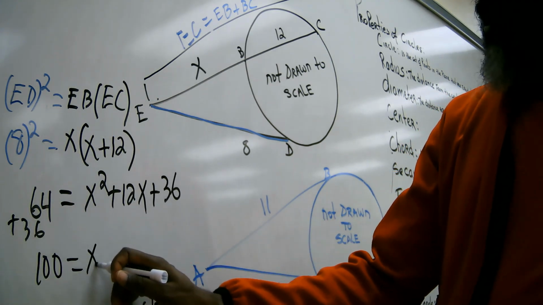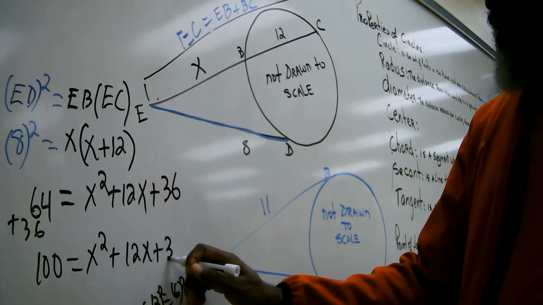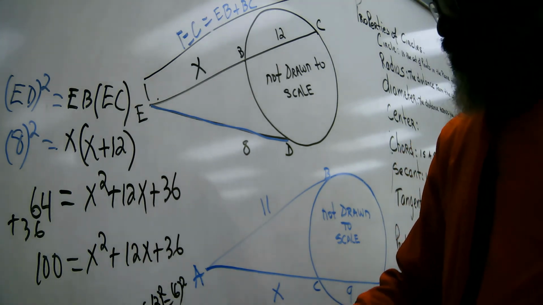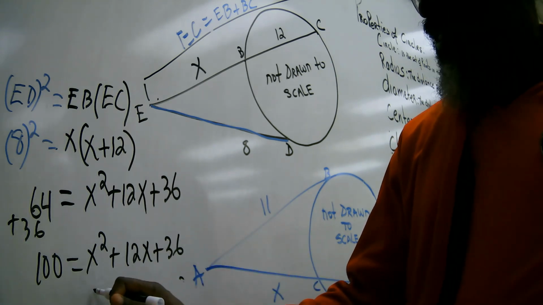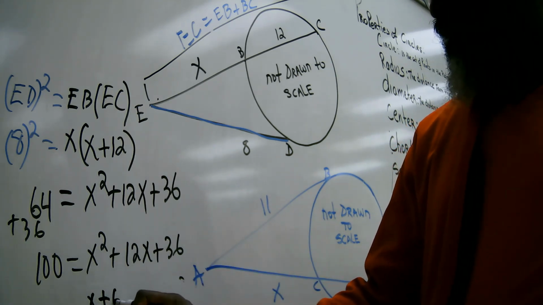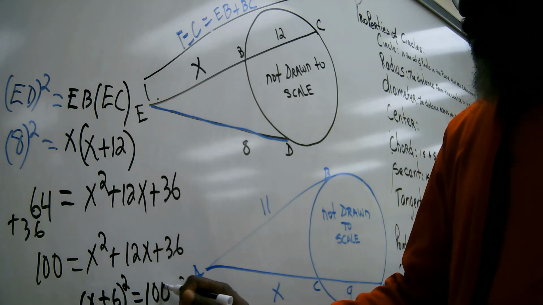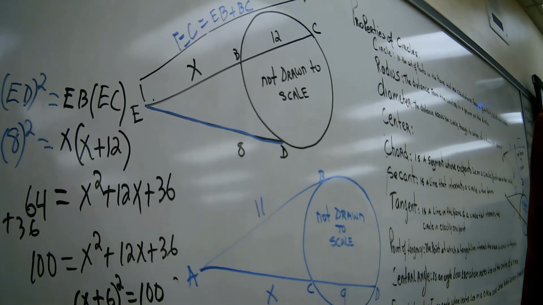Then I will end up with x squared plus 12x plus 36. Then I'm going to rewrite that as a binomial. Then I will have x plus 6 squared is equal to 100. My next step is to take the square root of each side.